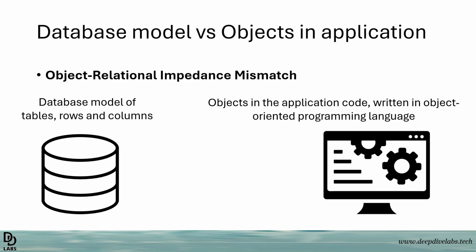Whereas when you are writing an application level program, the software side of it, because of the increasing advantages of object oriented programming languages, objects in the application code were written using OOP languages, right?